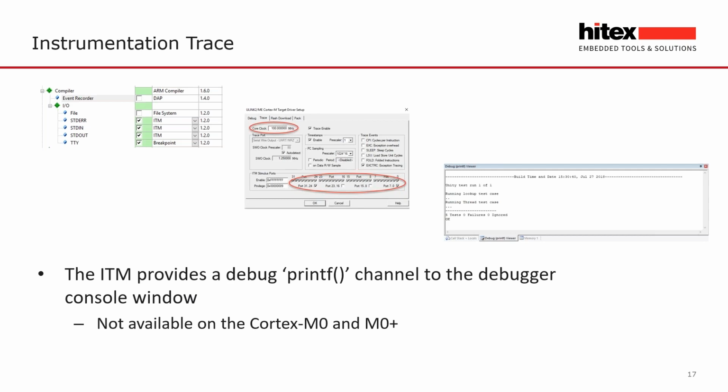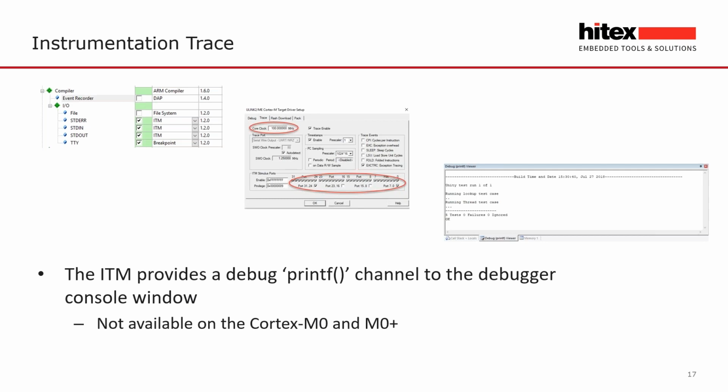The instrumentation trace has 32 channels, so different information can be sent to different services within the debugger. But the public channel, which uses printf, is instrumentation port 0. So we need to tick that box and also enable the privilege box as well.